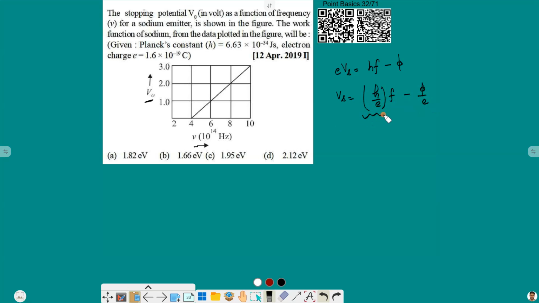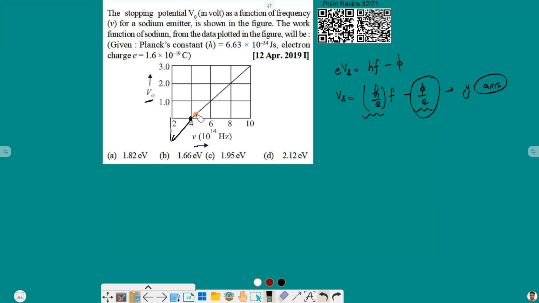So this will be equal to the slope and this will be equal to the intercept. Here the intercept along the y-axis is not provided. Intercept is only provided along the x-axis.